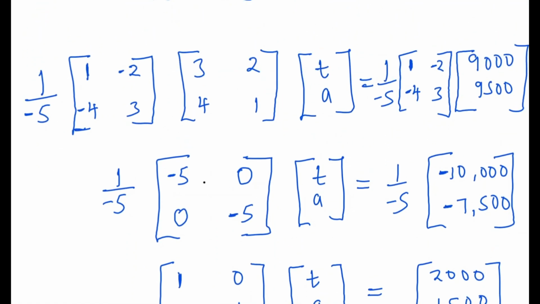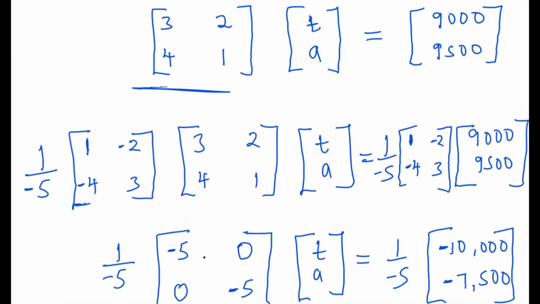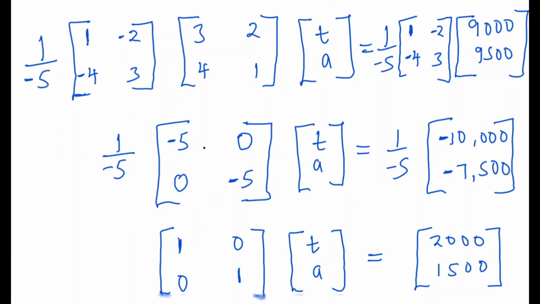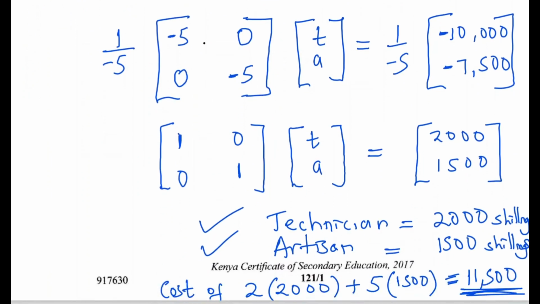Remember, the important part is that when you have your matrix here, you add the inverse before it, because the inverse times the matrix shall make the matrix disappear, and then we shall just be left with T and A. You can confirm that by taking this identity matrix here, multiplying it with this variable matrix here. 1, 0, 0, 1 times TA shall just give us T and A.